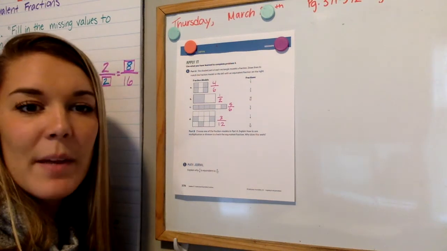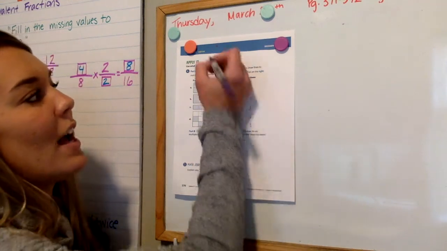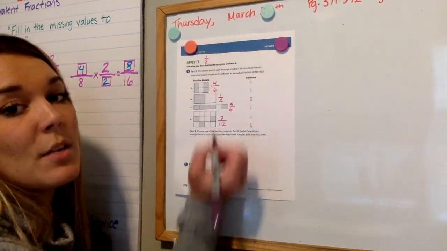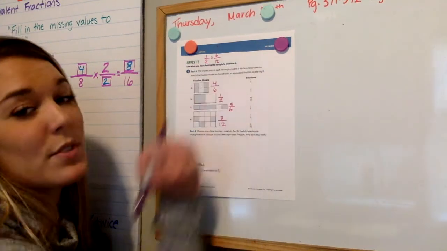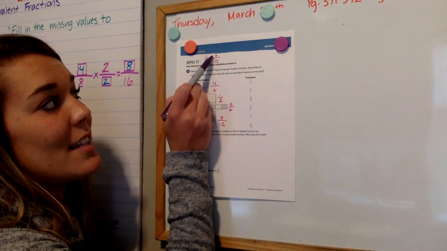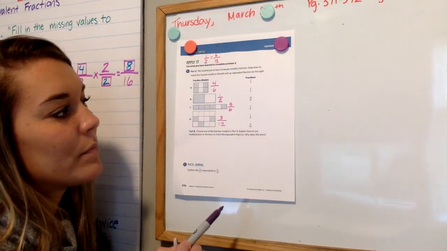What is 12 divided by 2? It's 6. So if I had 1/2 and I wanted that to be shown in 12ths, it would equal 6/12 because 6 is half of 12. Okay? So that one doesn't work.